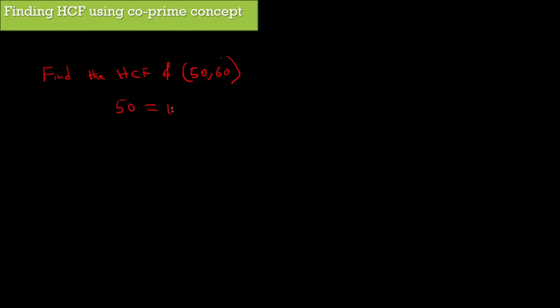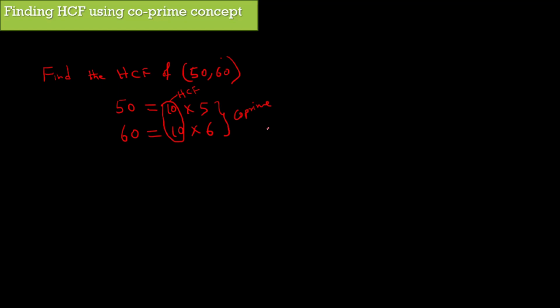Okay. Now 50 can be written as 10 into 5, and 60 can be written as 10 into 6, where we can call 10 the HCF when the other two numbers are in co-prime form.